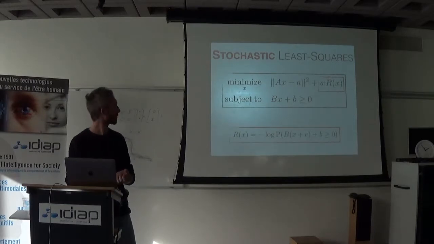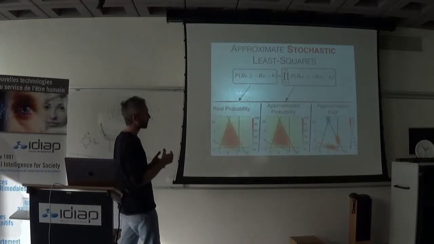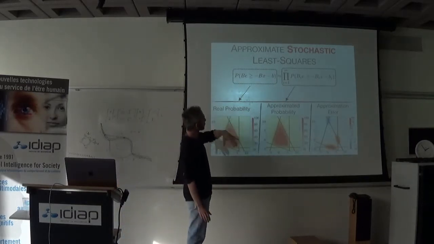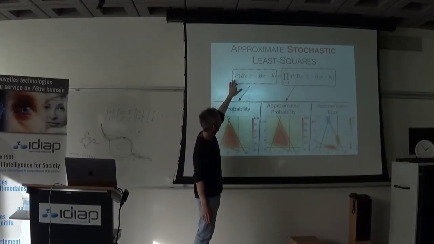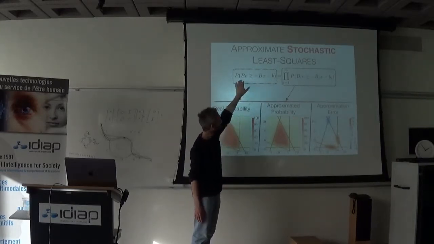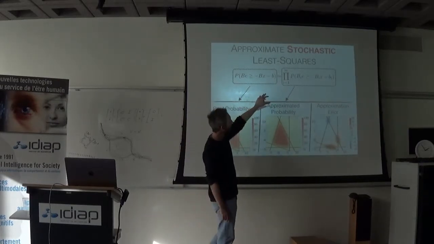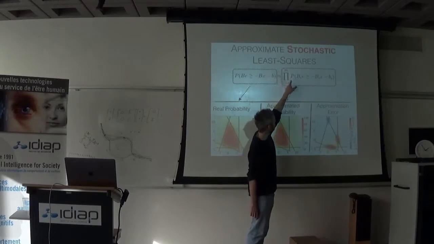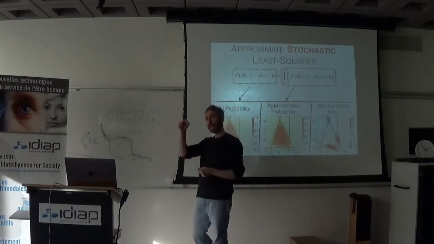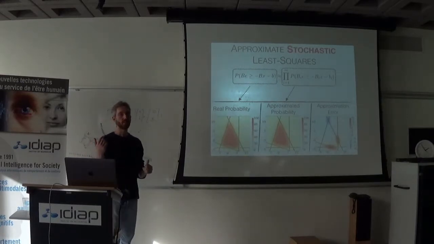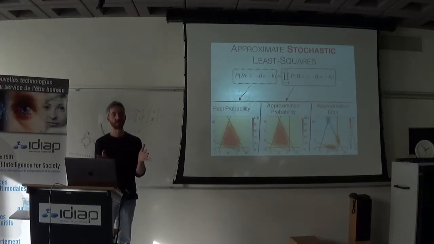So we cannot use this as it is. But what we can do is introduce an approximation, which is to say, I assume that the probability of all my inequality constraints being satisfied is roughly the product of the probability of any individual inequality constraint being satisfied. In other words, you can assume that all your inequality constraints are independent.